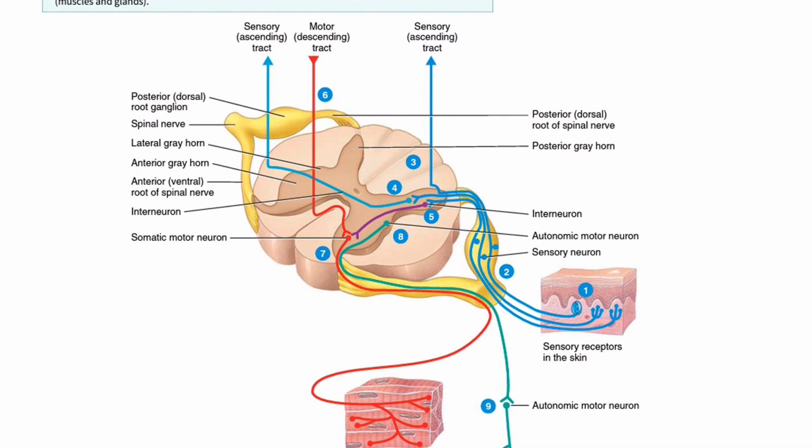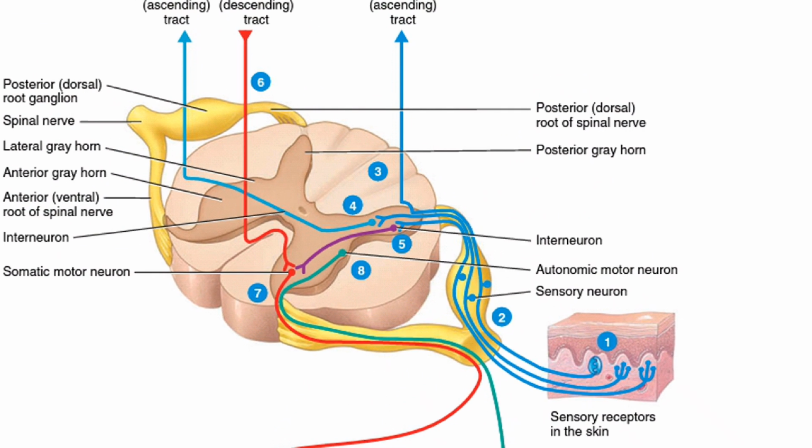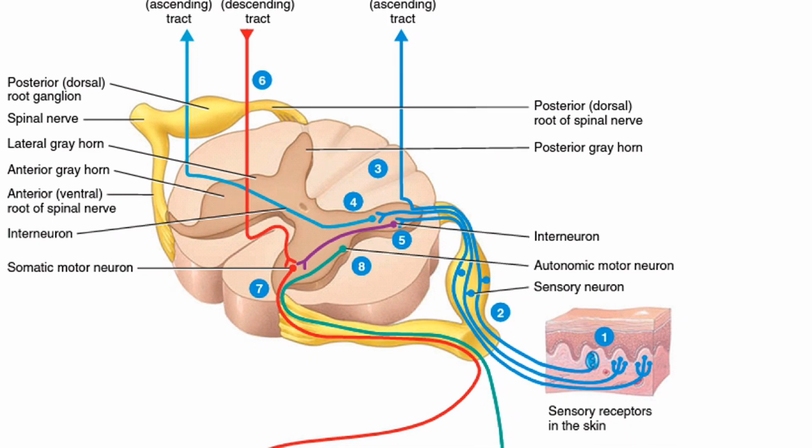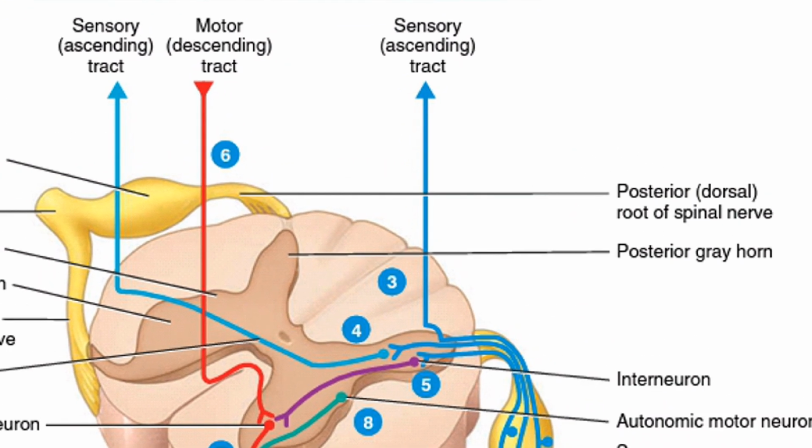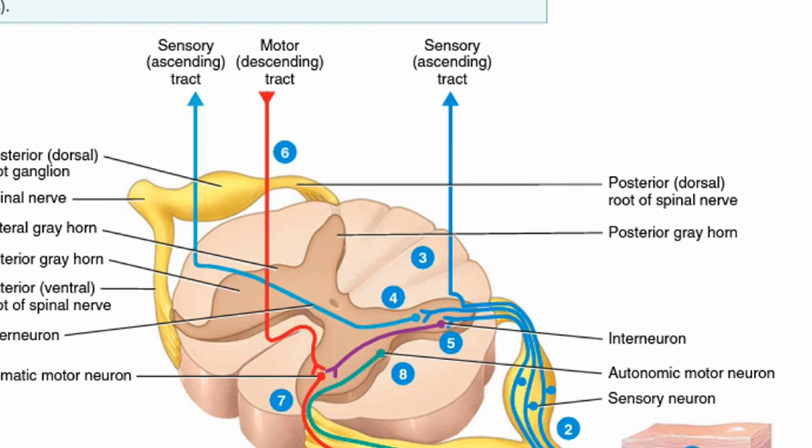Here you can see how the spinal cord is receiving sensory information from various organs of our body, and how with the help of the tracts, the spinal cord is sending the information to our brain. So ascending tracts are sending the nerve impulses to the brain. The brain interprets, analyzes, understands the situation, and the brain orders.